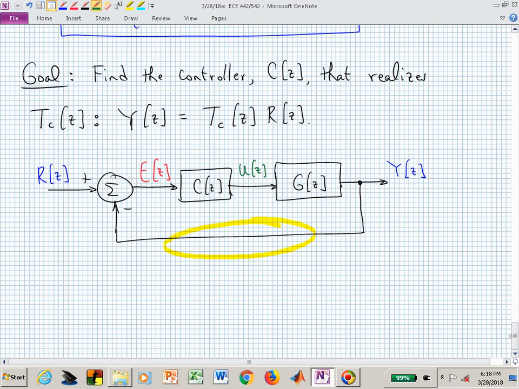That's the block diagram, and that's why this minus sign, that's where the negative feedback comes from: usually we're comparing one signal with the output, and that produces an error, a difference. If that's the case, let's use that to try to derive what C of Z equals.